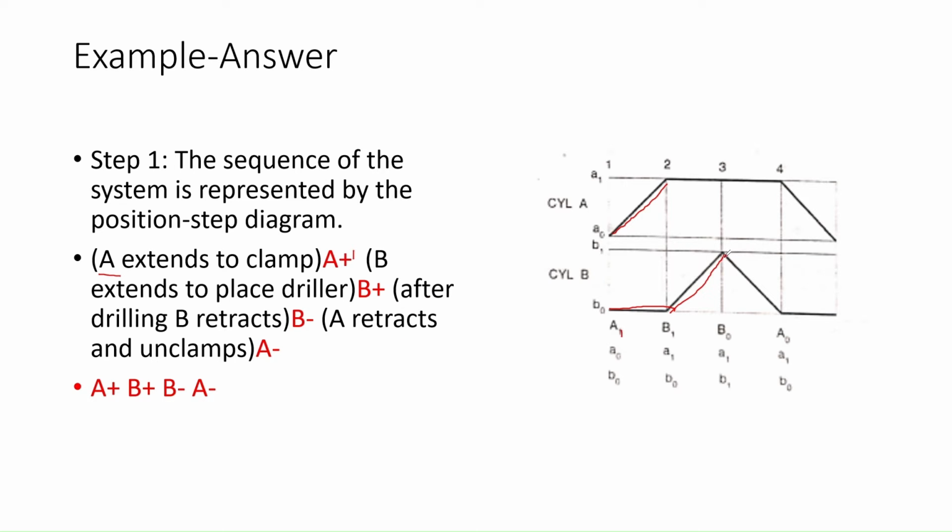After the drilling action is completed, B gets retracted and it rests there. All this time the extended cylinder A clamps the workpiece in the required position. After B retracts, A also retracts to unclamp the workpiece. That's how we can draw a position step diagram from the question.